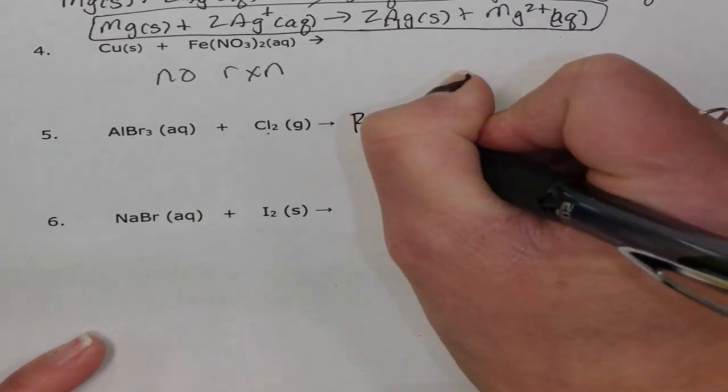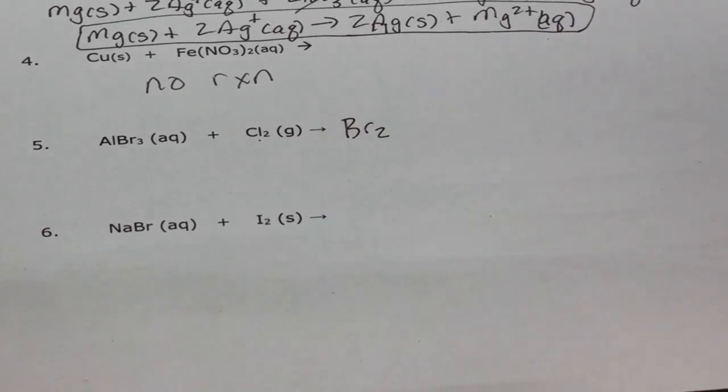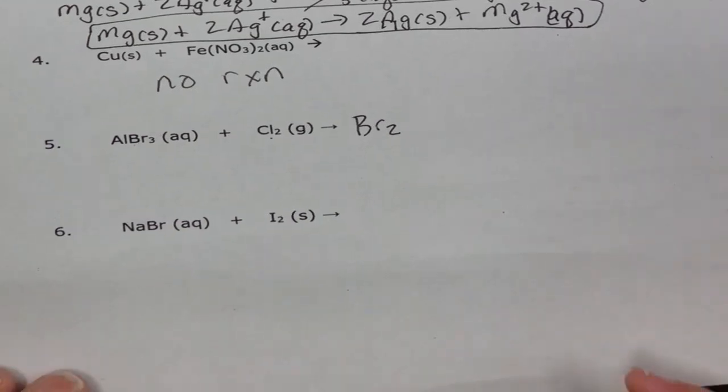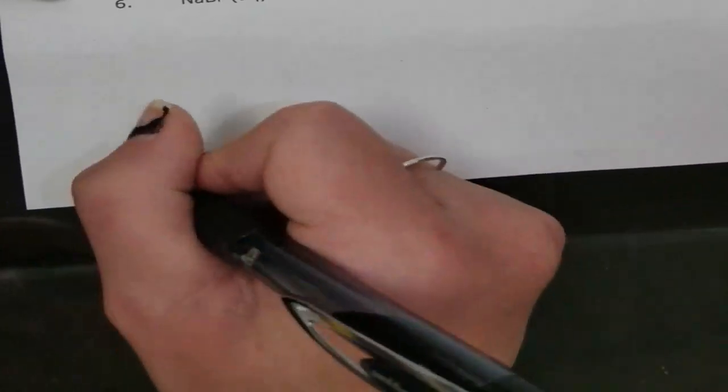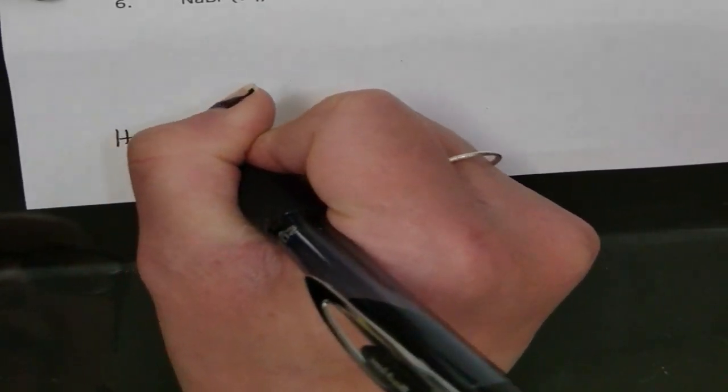Bromine is now all by itself. Bromine is diatomic. Remember our 7 diatomic elements. All right, let's just do a quick review of our 7 diatomic elements. I like to remember that through Hunkelbrith.